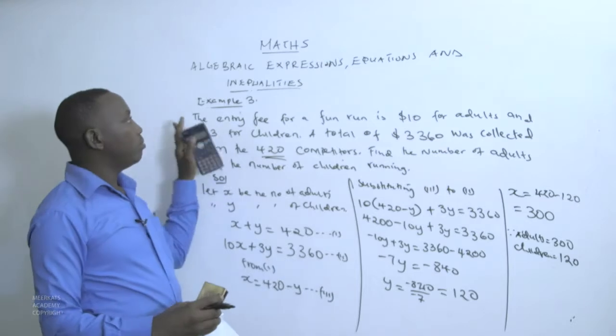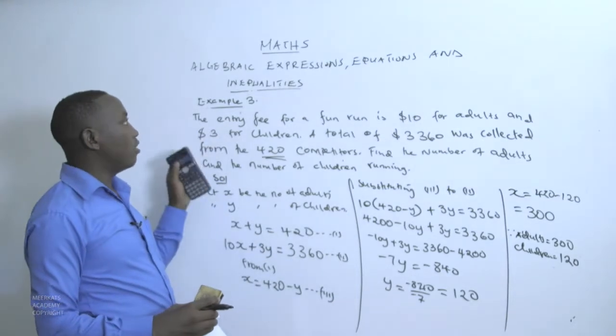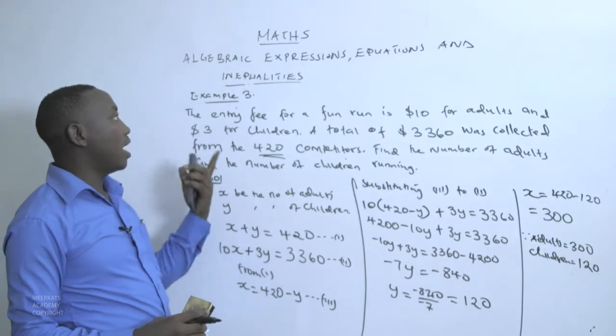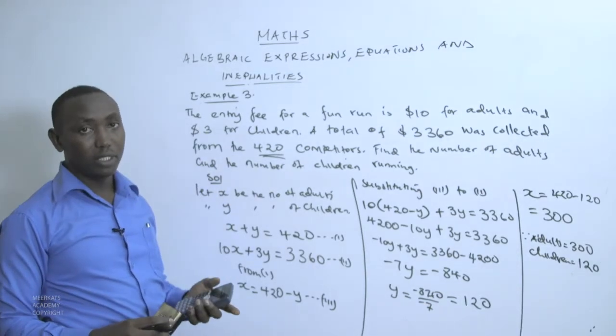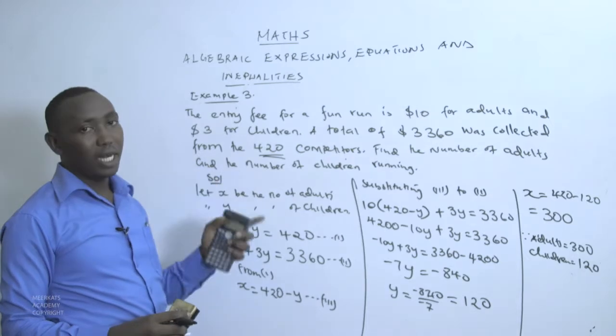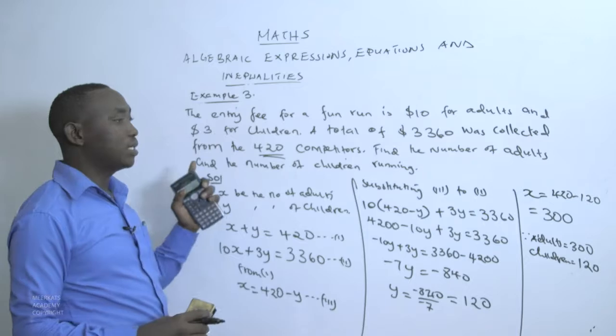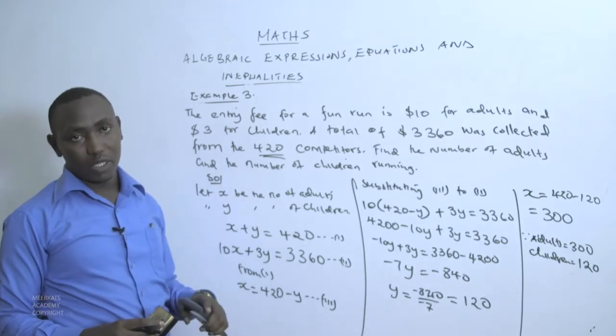Now this brings us to the end of the discussion on linear equations and also linear inequalities, plus the simultaneous linear equations and how we can solve them using substitution and elimination.